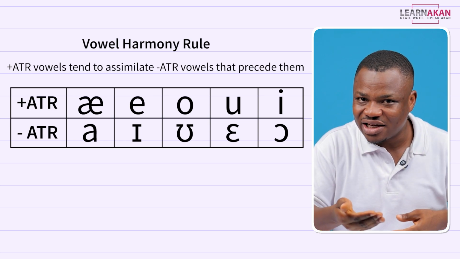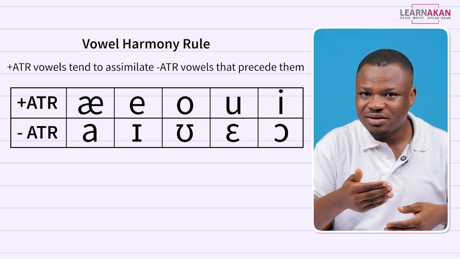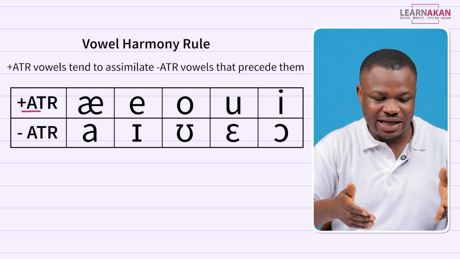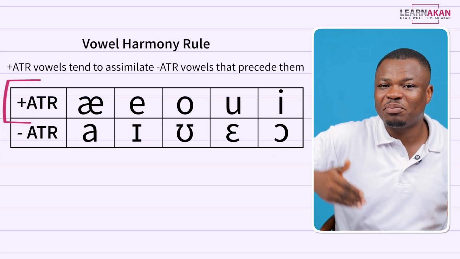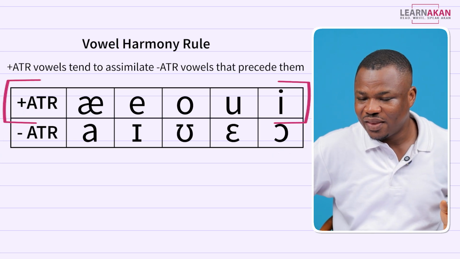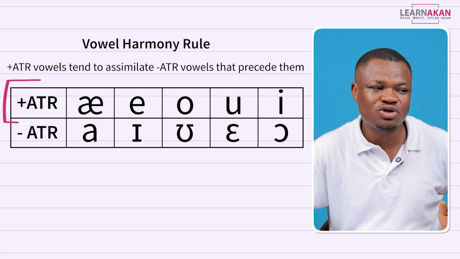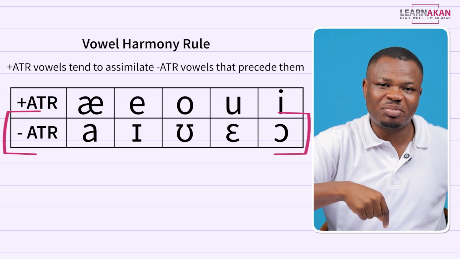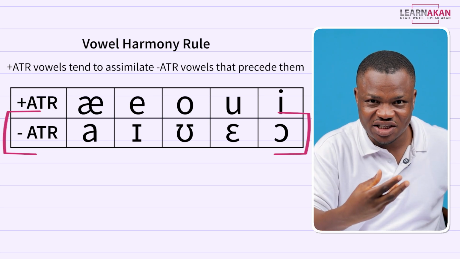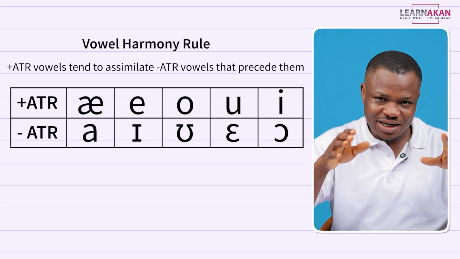But it's not always the case. And when that does not happen, and there is a minus ATR sound followed by a plus ATR sound, then the plus ATR sound tends to change that minus ATR sound into a plus ATR sound in speech. Let's take that again.